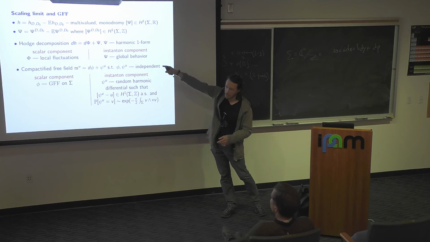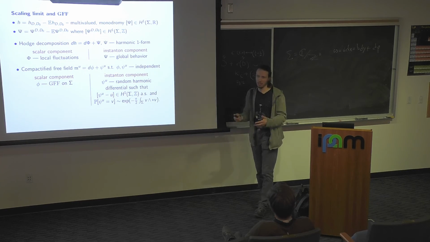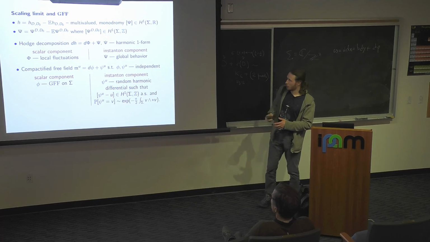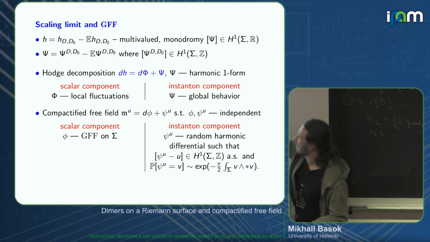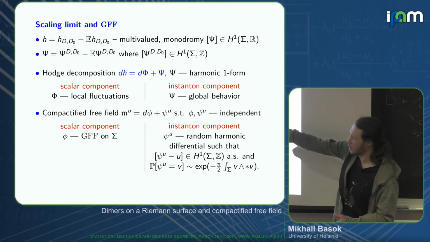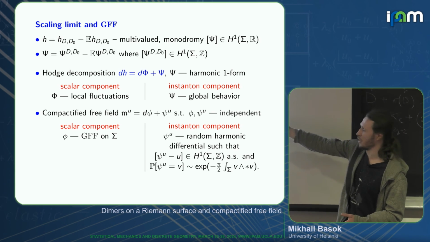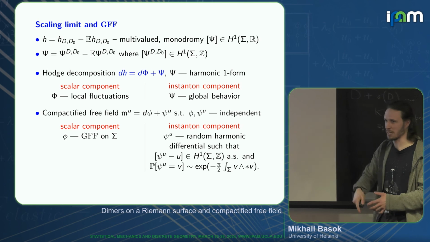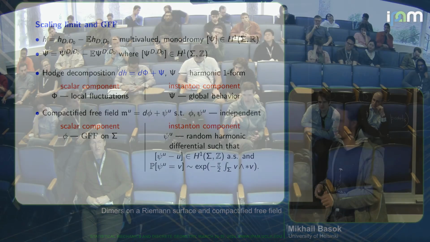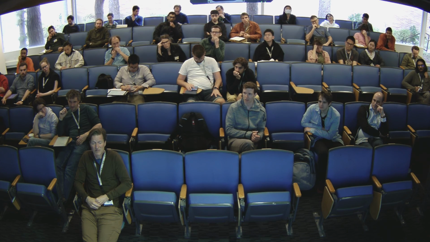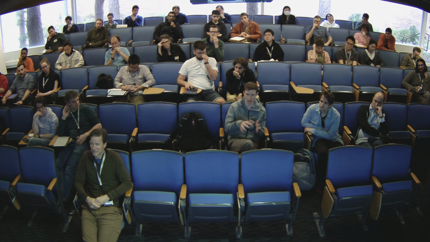We subtract the expectation: if you think of psi as a vector of monodromies, then it's an integer vector, and the expectation of an integer vector is not necessarily integer, so you subtract some real vector. U itself is a differential, a harmonic differential, just fixed throughout. It is something which we also have to compute somehow.